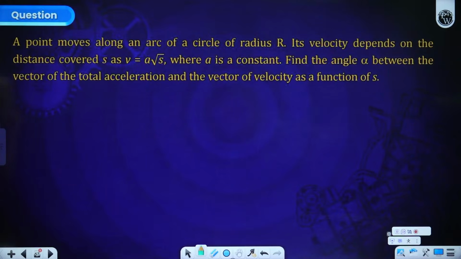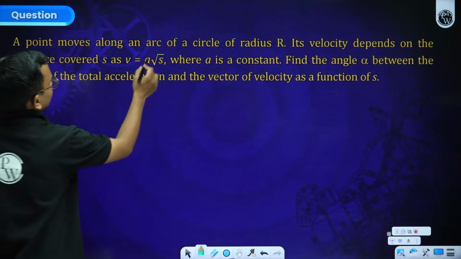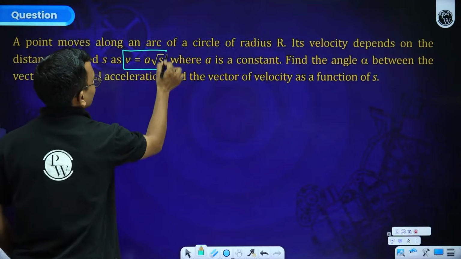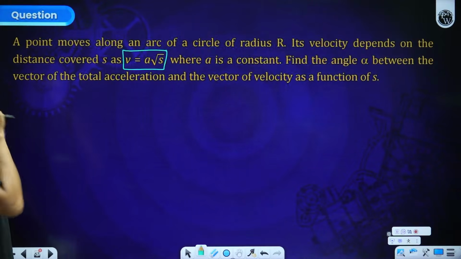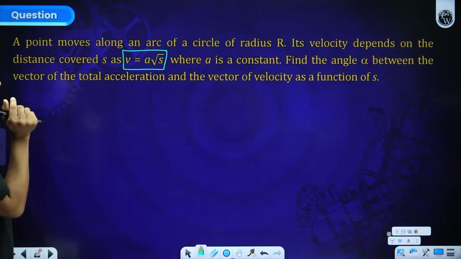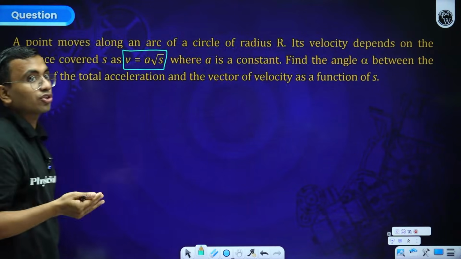Let us do this question. A point moves along an arc of a circle of radius r. Its velocity depends upon the distance covered like this. This is how the velocity is depending. Find the angle alpha between the vector of the total acceleration and the vector of the velocity as a function of s.